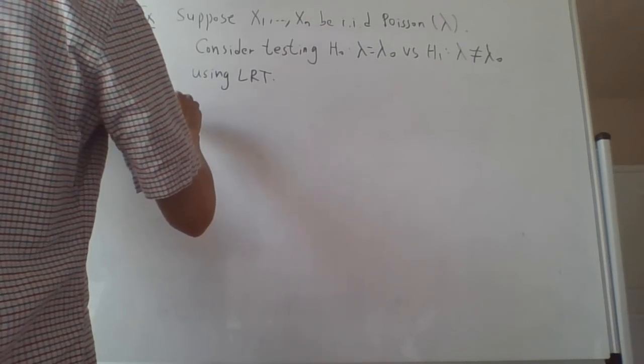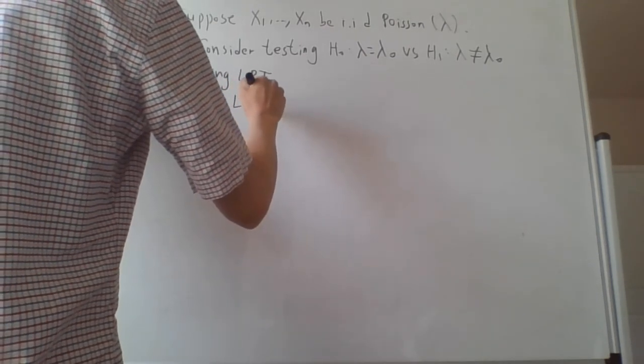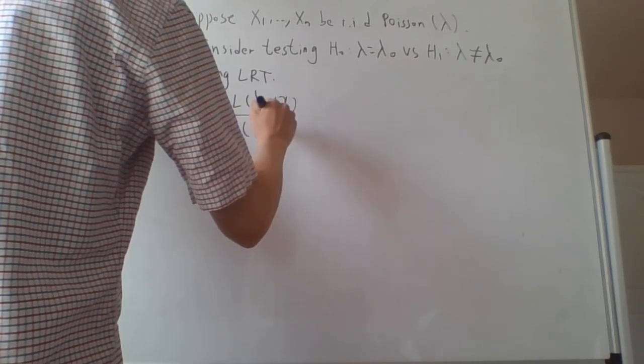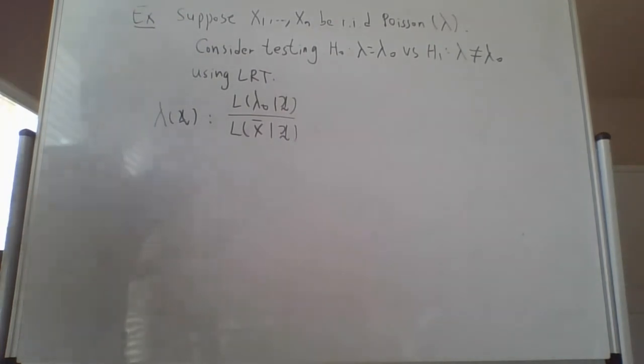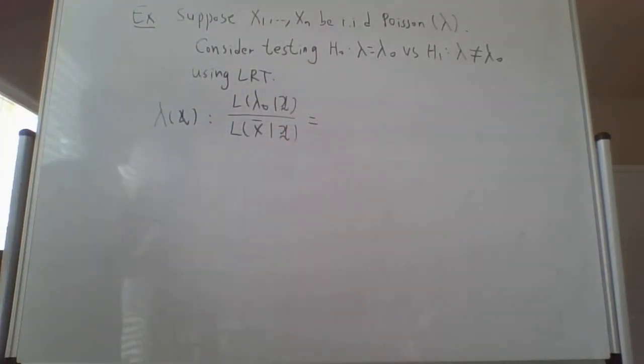You can easily see that the MLE of lambda is x bar. Then the likelihood ratio test statistic: in the numerator is the null hypothesis, so we find the likelihood function under lambda 0. In the denominator, the unrestricted MLE is x bar, so we find the likelihood function value under x bar.